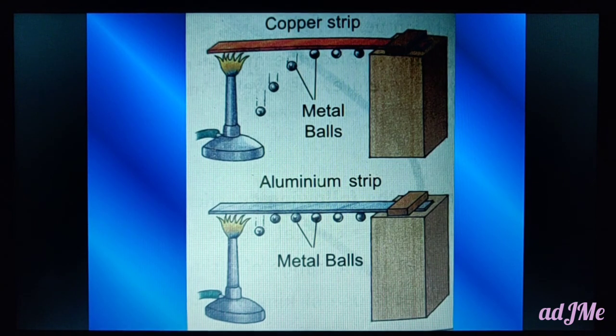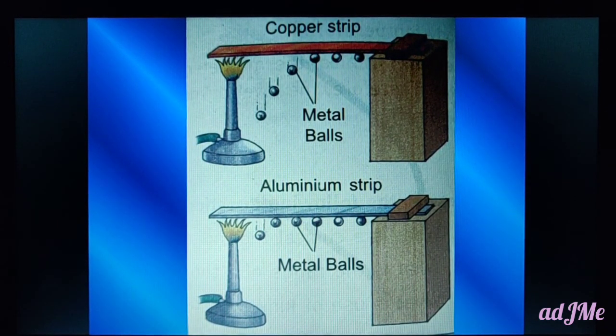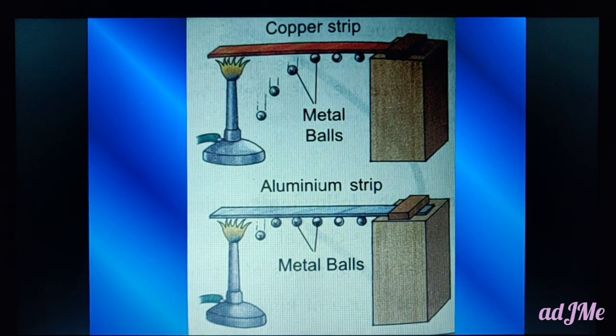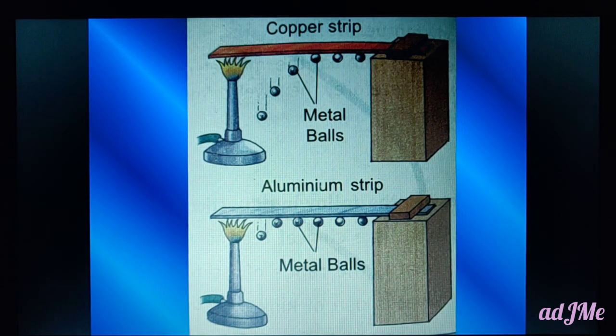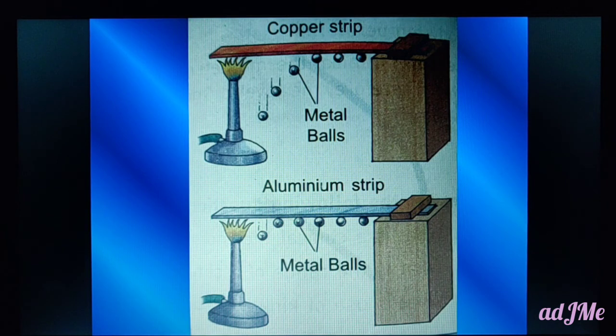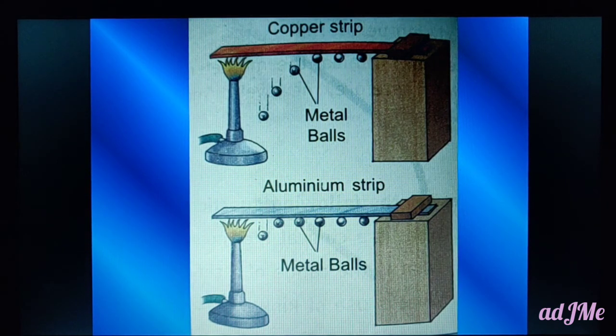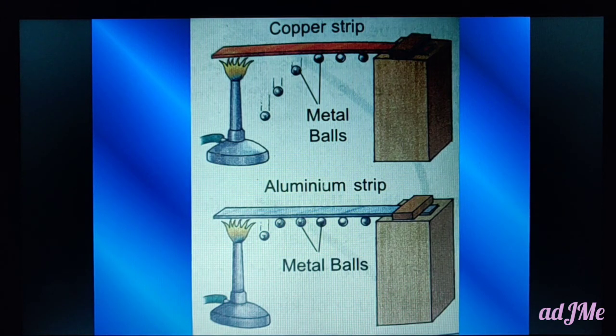When the heat is transferred through these strips, the wax starts to melt, and slowly one by one the metal balls start to fall. When you compare the rate of the balls falling from the strips, it is much faster in the copper strip compared to the aluminum strip, and this shows one, copper strip gets transfer of heat faster than aluminum strip.